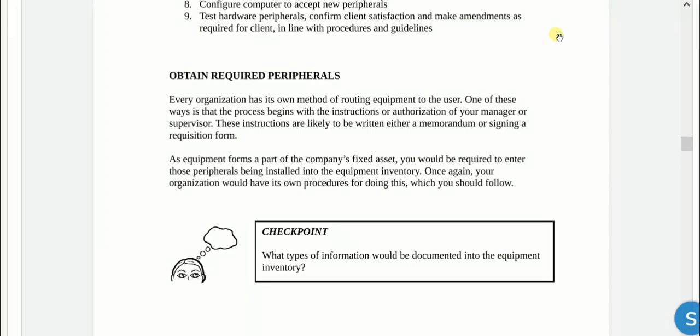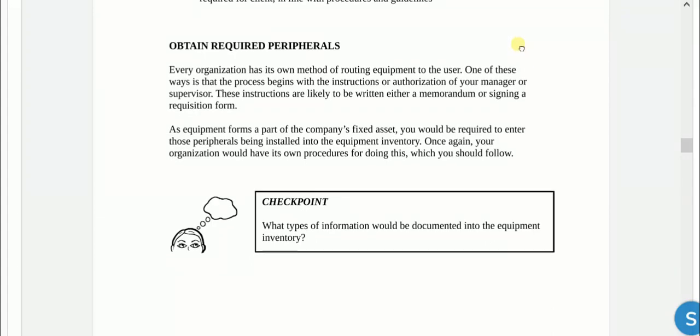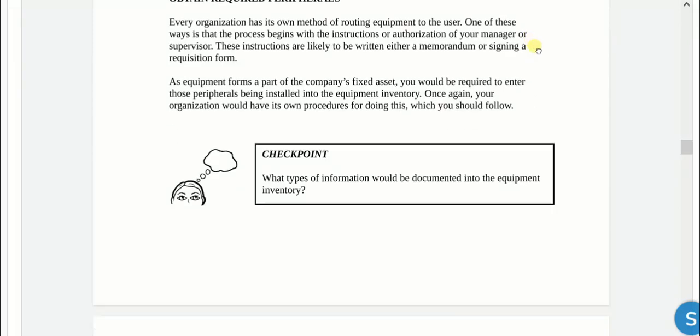They talk about obtaining the required peripherals, purchasing them based on what your client needs, because you would have gathered all that information from your interview with your client. So after you do all of that and you pass all that by your supervisor, the next process is to obtain the required peripherals.